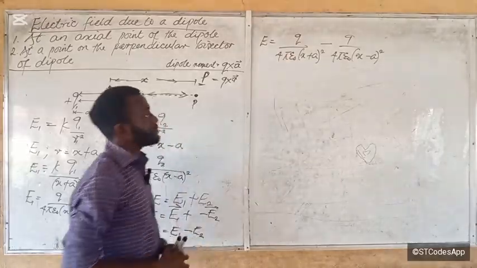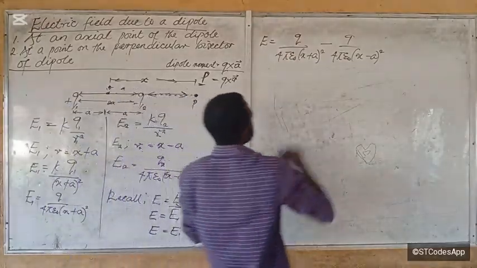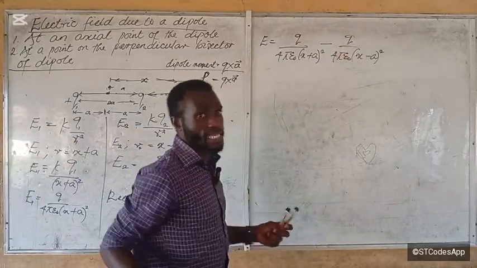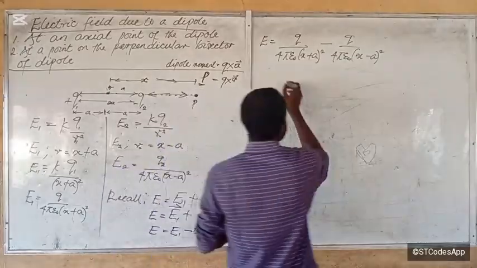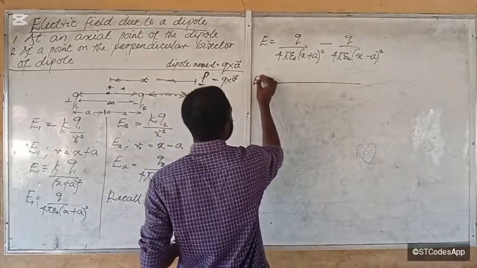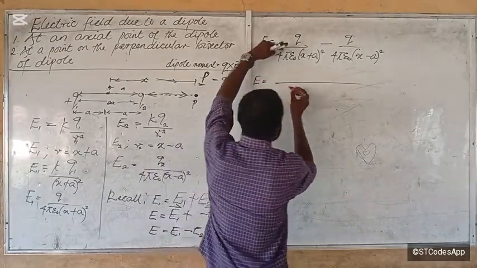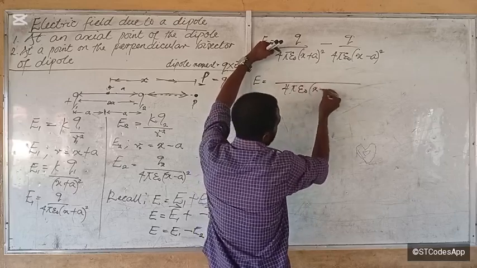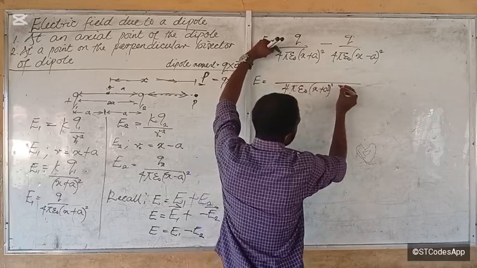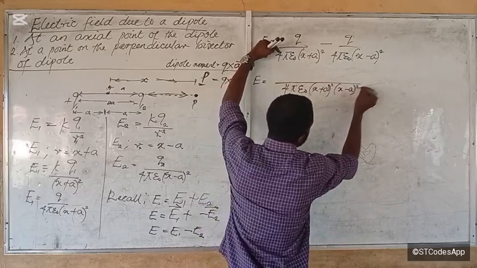Okay, if this be the case, let's take the LCM, or LCD, lowest common denominator, and then we have E equal to, our LCD is going to be 4 pi epsilon naught, which is already common, multiplied by x plus a all squared, multiplied by x minus a all squared.